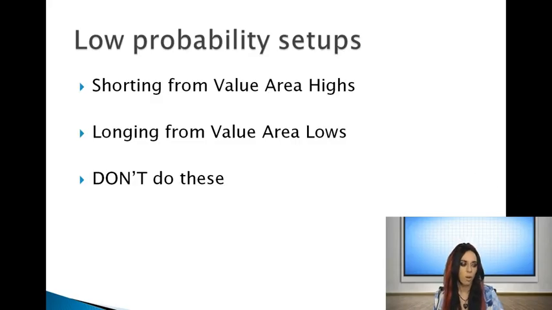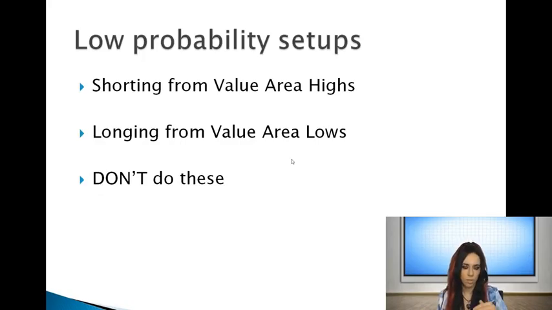We've actually coded up a quick algorithm to see whether we could do anything with these value low longs and value high shorts. And the algorithm results were really atrocious. Like, we got like a 20% hit rate. Just doesn't work. So stay away from these. No longing from value area lows and no shorting from value area highs once the price is inside value.